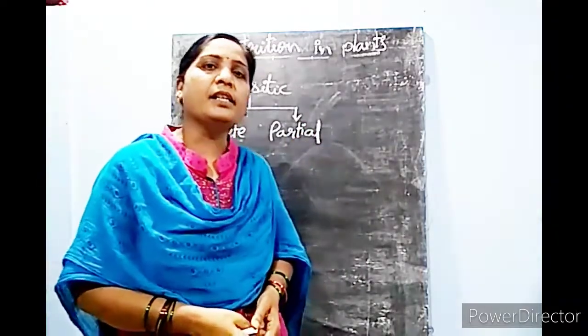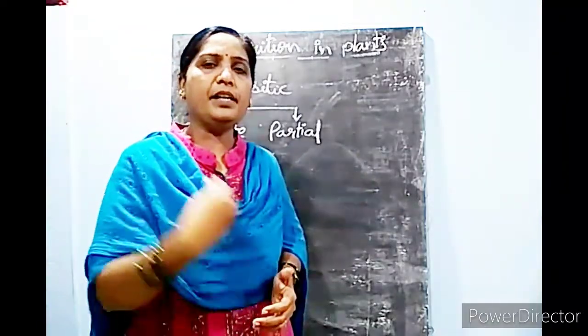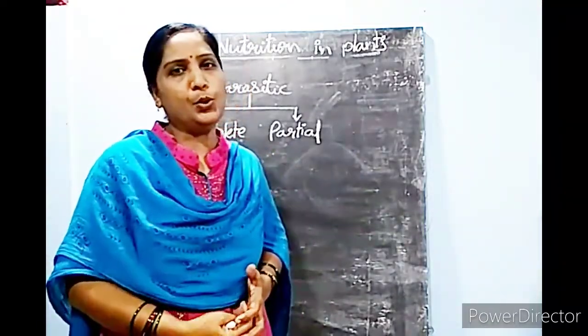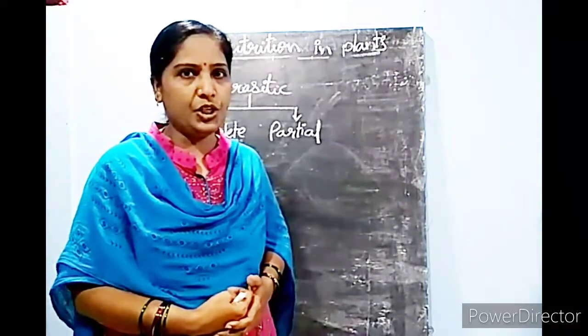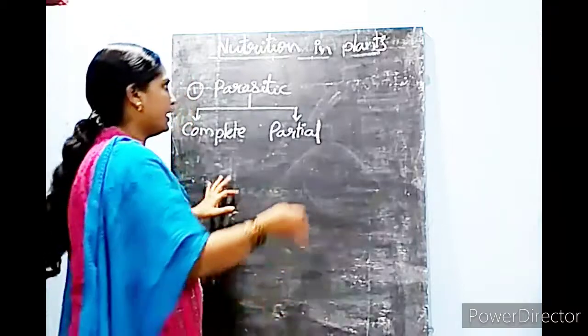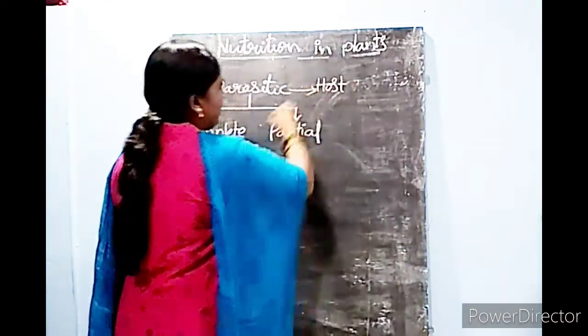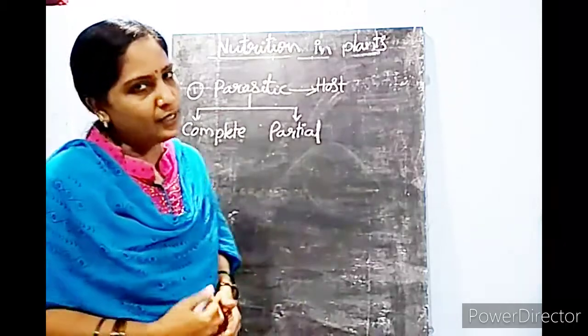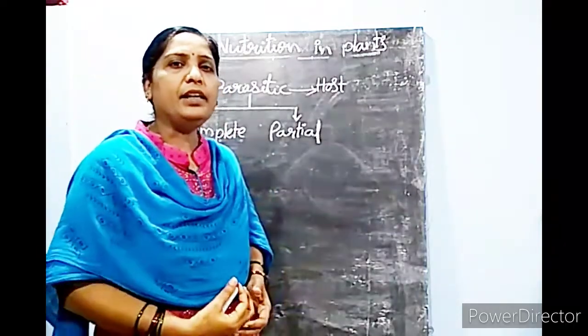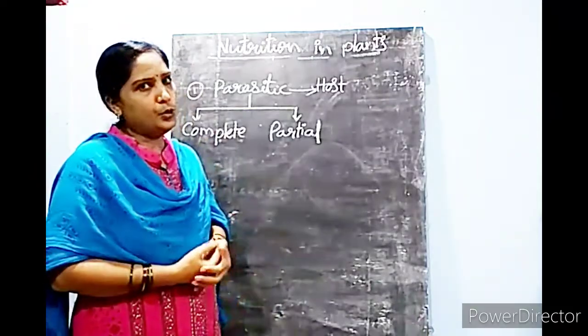Complete parasites. Actually, these non-green plants will depend on the green plants for their nutrients, for their nutrition purpose. The plant on which they depend is known as the host plant. And they will develop a special type of roots to get their nutrients.